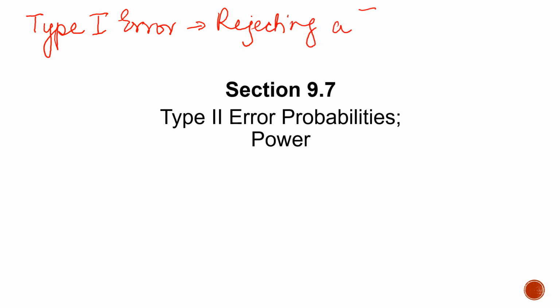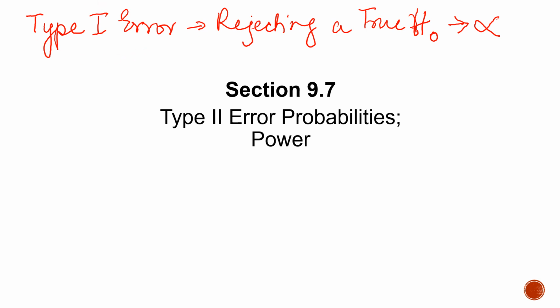And we said we want to keep the probability of making that kind of error very low. That probability we denote by alpha, and alpha is determined from the significance level at which we are testing. So alpha denotes the probability of making a type 1 error.